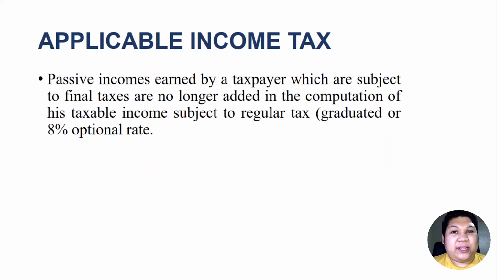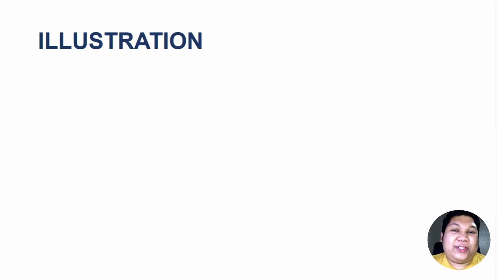If these passive incomes are already subjected to their corresponding final tax rates, then do not include those passive incomes in the computation of the taxable income subject to the regular tax. If that passive income is not yet subjected to final taxes, then we should still add those passive incomes to the taxable income subject to the regular tax. So let's have an illustration.